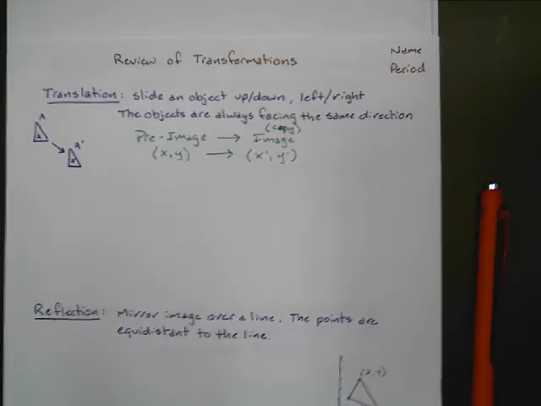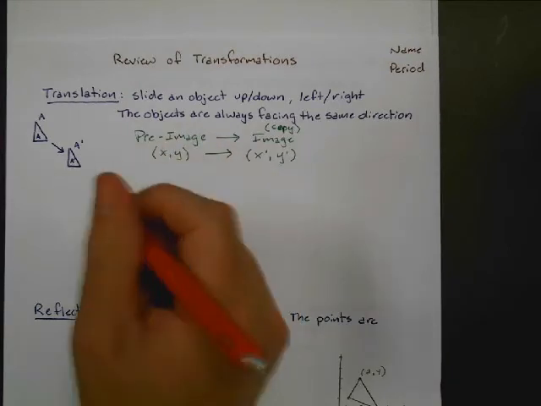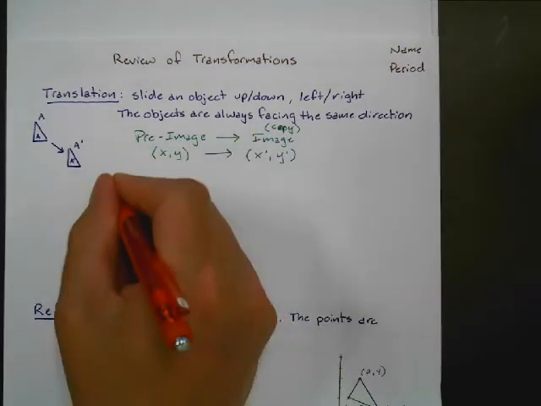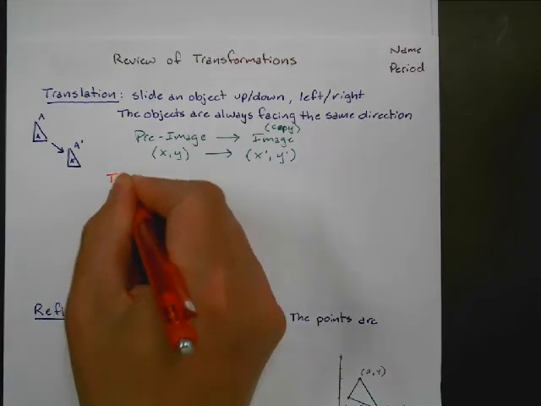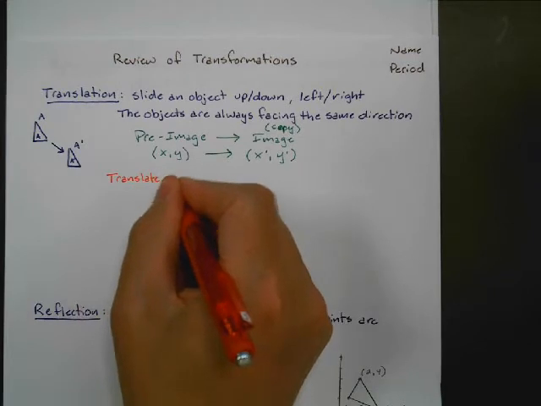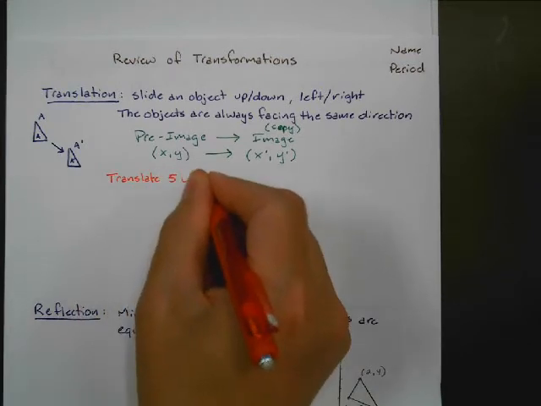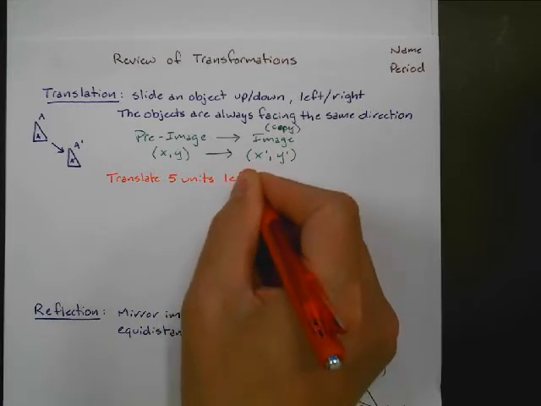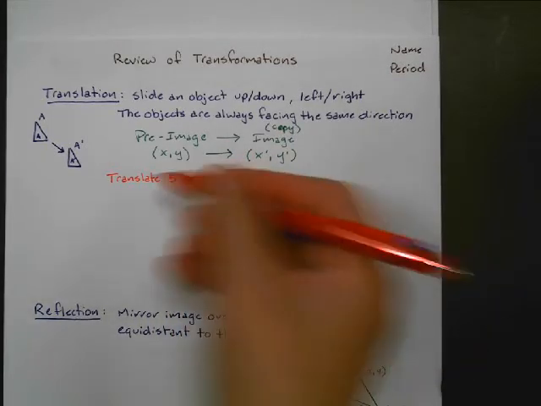So let's say that we wanted to translate something 5 units left. So I want to go this way.